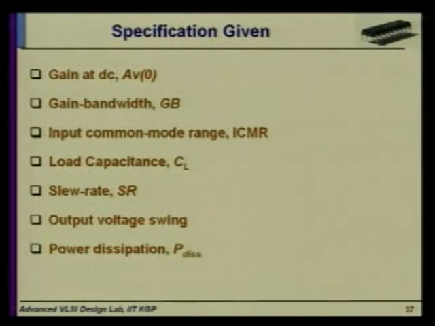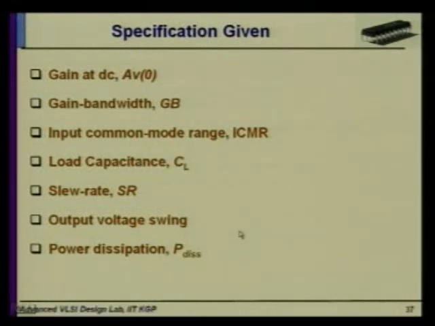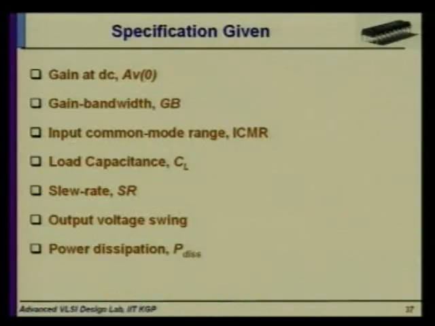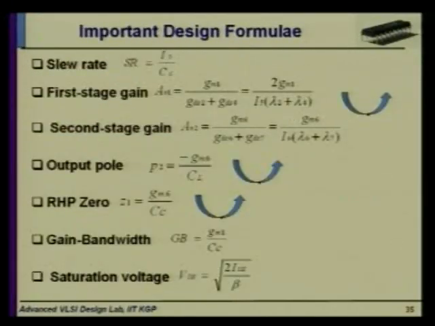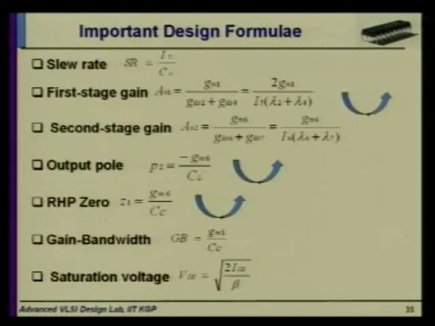You should calculate output voltage swing and power dissipation after the design. You will be provided the other things, but after the design is done you will just check whether the specification you have met or not. Okay. So first thing is slew rate. Rest of the requirements you need to find out. Some of them are given from the specification, and rest of the things we need to find out.